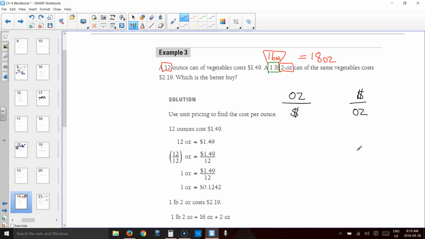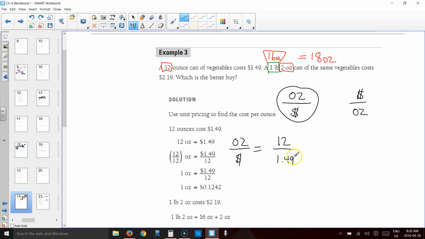Okay, let's do both. Let's take the 12-ounce can first. My ounces per dollar: I have 12 ounces for $1.49.